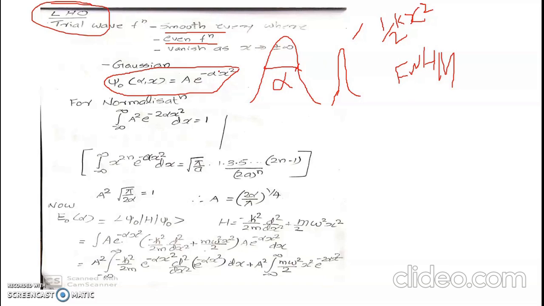Then we will apply the variational principle that will give me an exact value of alpha. Upon substitution of this value of alpha, the expression for the energy, which is nothing other than the expectation value of the Hamiltonian, will give me respectively the energy eigenvalue of the oscillator in the ground state and this wave function in an exact manner.